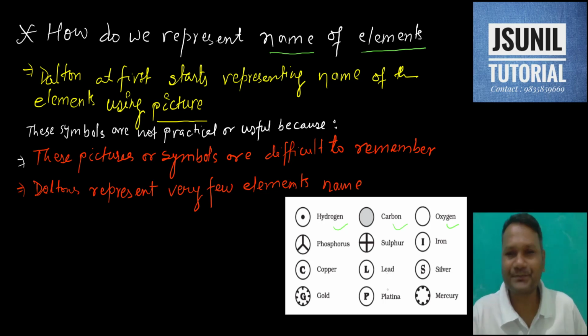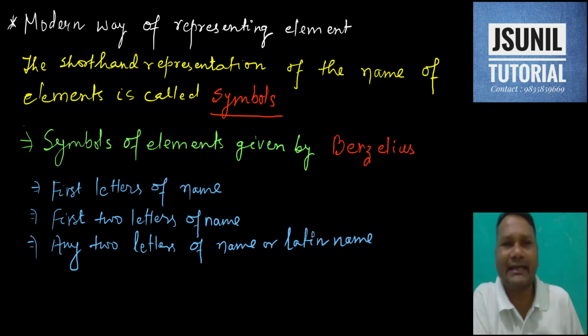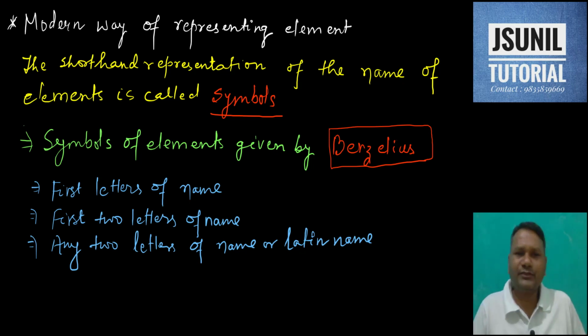Now the modern way of representing elements was given by Berzelius. He told us to use either the first letter of the name, or the first two letters of the name, or any two letters of the name, or the Latin name of the element.